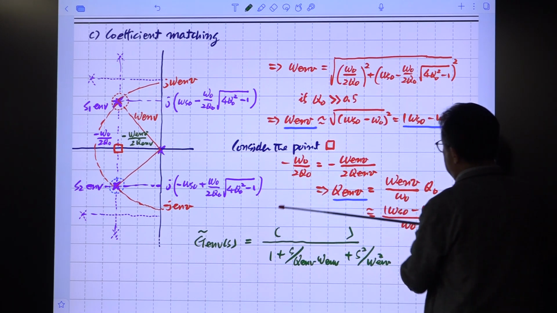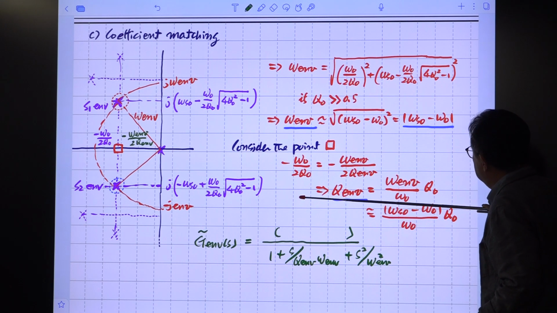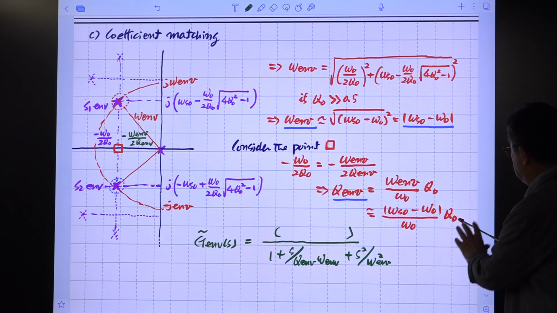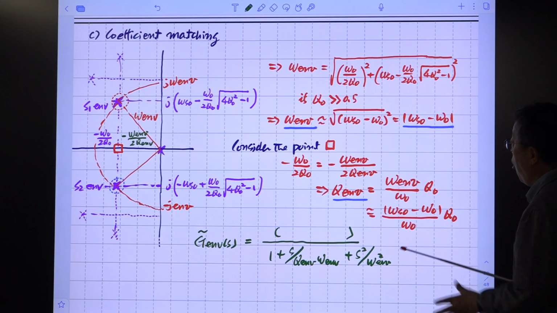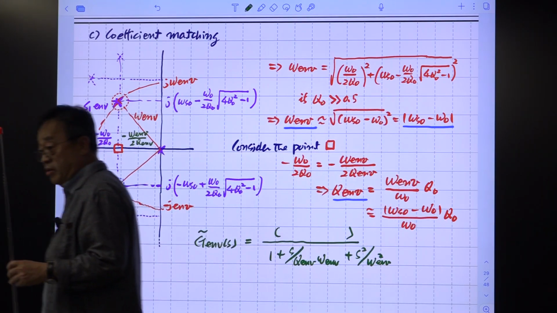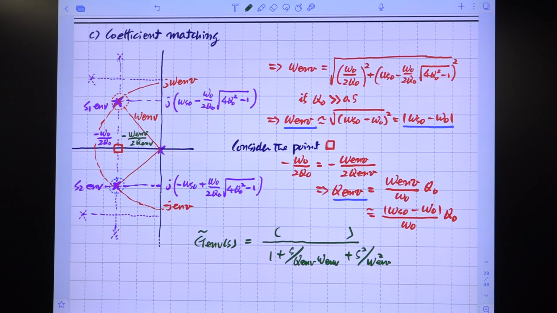Then QENV is given by this and given by this, right? So this is the Q of the tank circuit. This is the Q of this frequency to envelope transfer function. Right? This is very important. So we'll be using this a lot later. This is kind of the conclusion of our analysis.